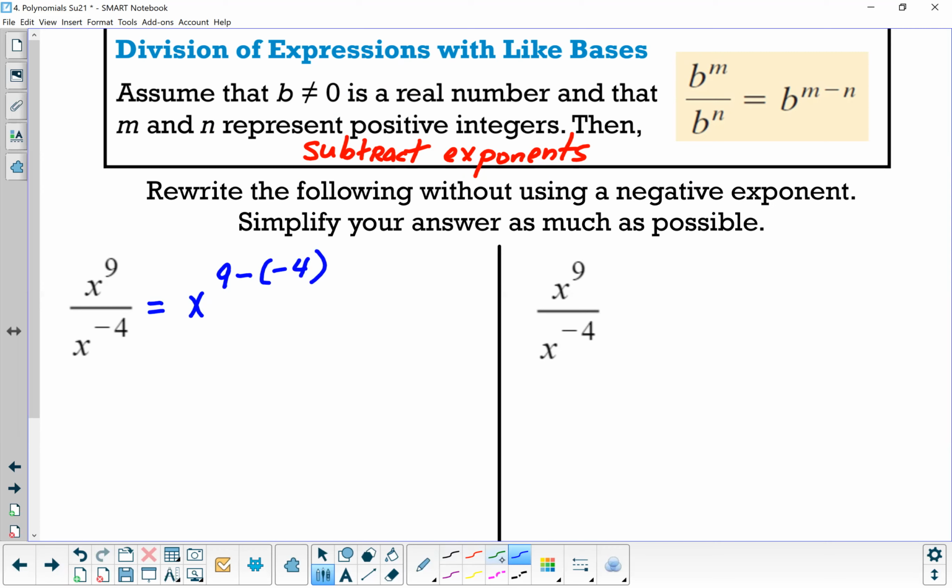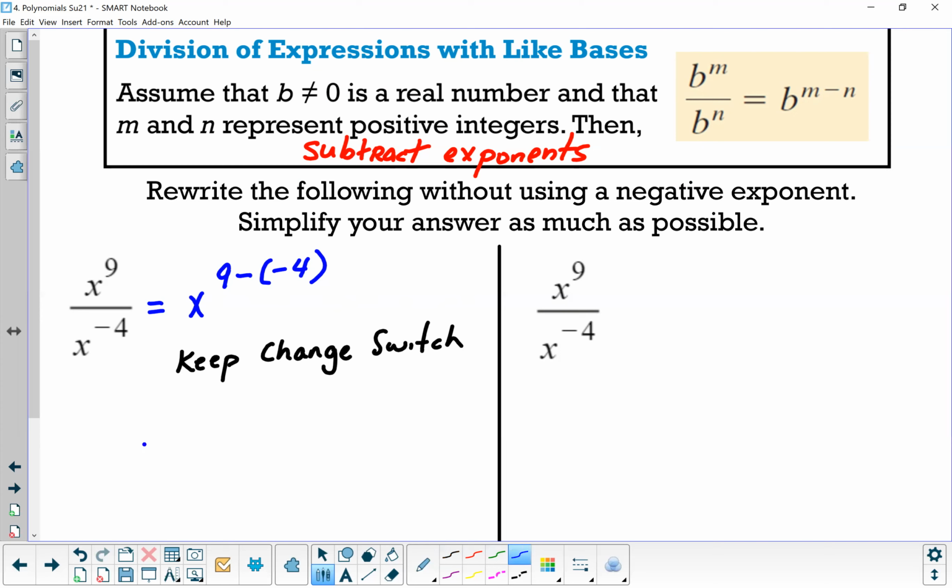All right, so I'm going to convert this subtraction to addition. Some of you might recall keep, change, switch. I like to refer to that. Keep, change, switch.